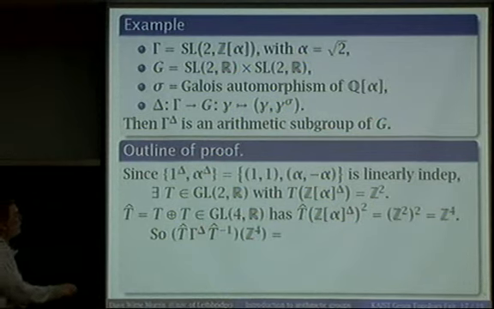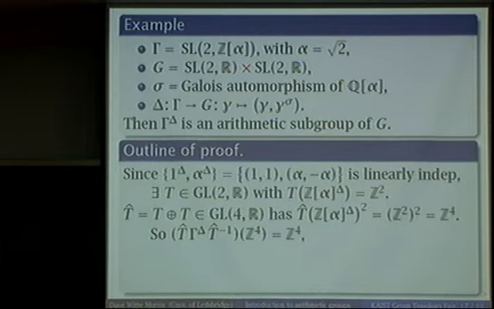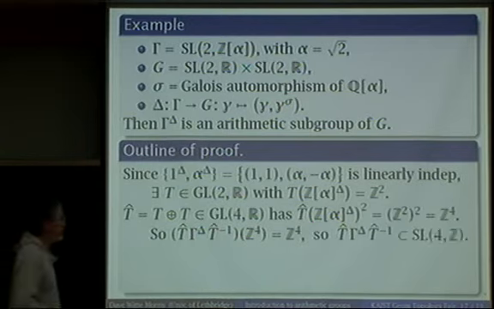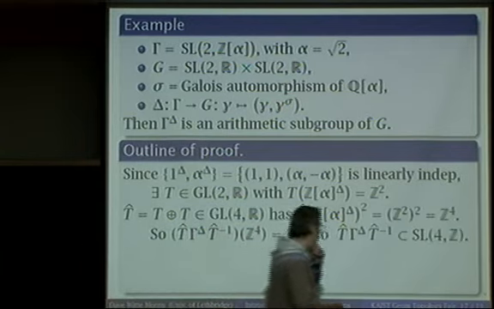Gamma delta is going to fix this funny thing squared, and T hat of that will be back to Z4. So if you follow it through, these matrices all fix Z4. That means you've got a matrix that preserves the integer points. It's in SLN of the integers, so it's got to have integer entries.